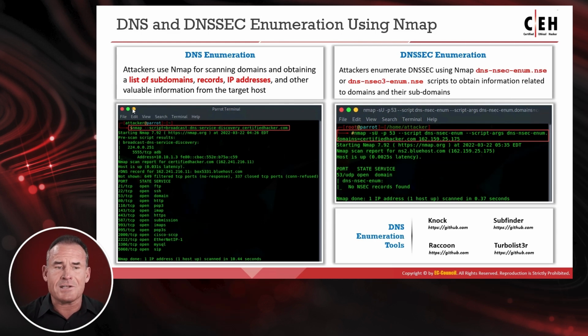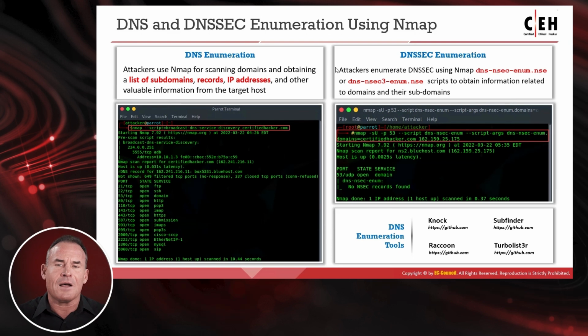All right, so DNS enumeration, there are, again, scripts for that, DNS service discovery. DNSSEC enumeration, okay, DNSSEC's a little bit different. DNSSEC is a series of signed responses, which helps with the whole DNS spoofing and DNS poisoning issues. We're going to table the rest of that discussion for our sniffers module, where it makes more sense to talk about.